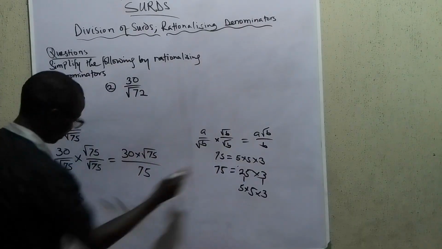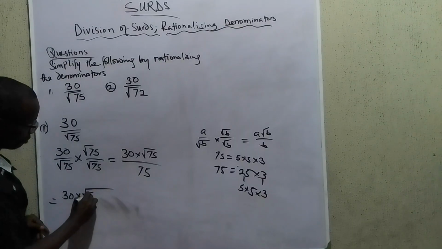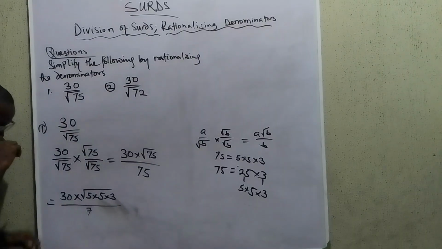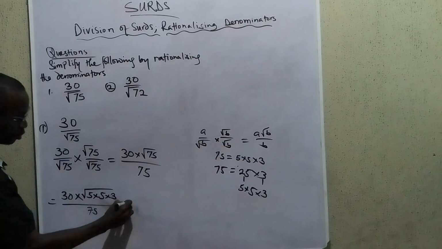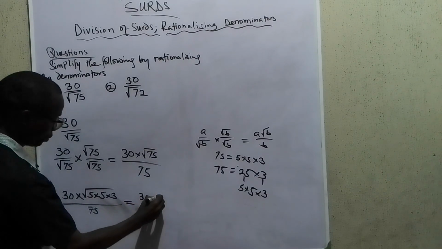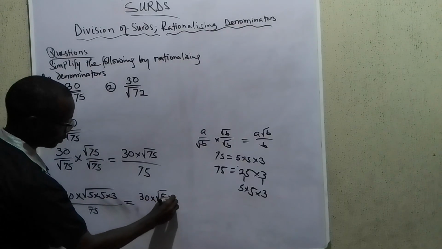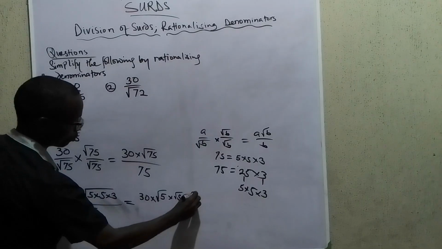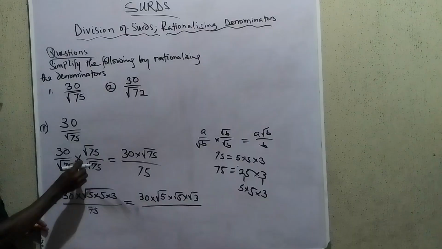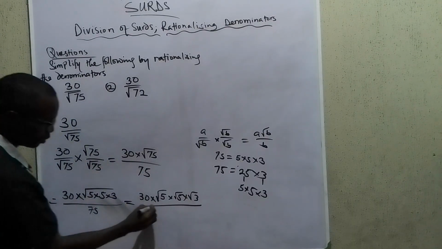So let's go straight to this: times the square root of 5 times 5 times 3, all over 75. So this will become 30 times the square root of 5 times the square root of 5 times the square root of 3. Remember what we did here: the square root of this times the square root of this cancels to get one of the values.